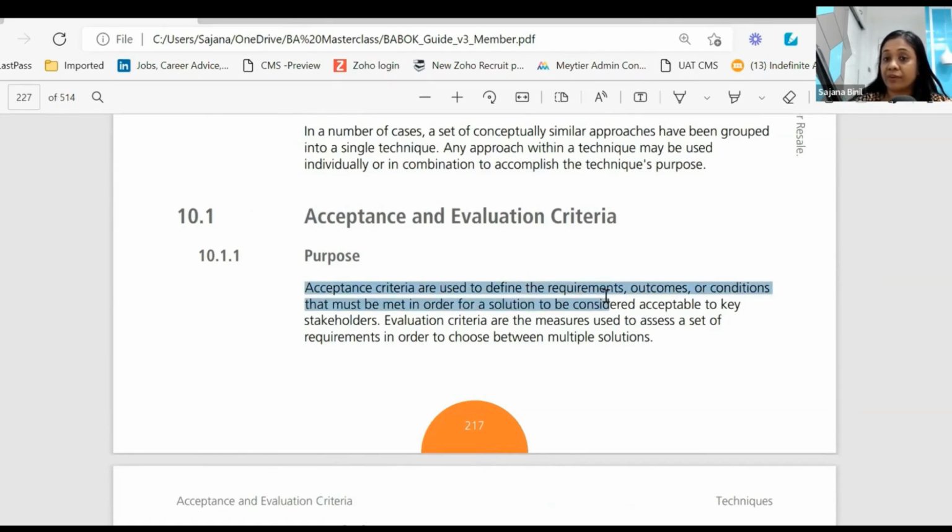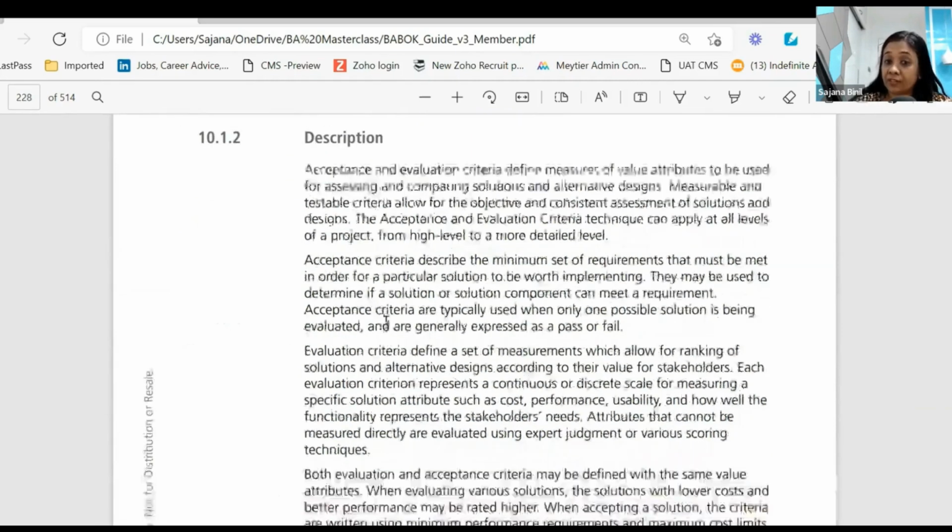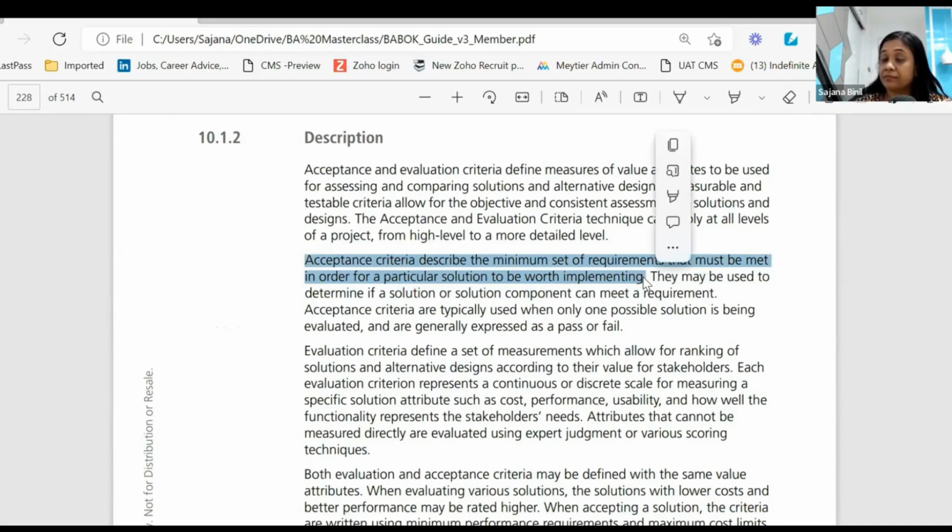It is very clearly given. Acceptance criteria is used to define requirements, outcomes, or conditions. This we saw when we wrote the user stories, right? Learn the purpose of a technique. You don't need to memorize the entire description. Read through the description, and if you find any definition inside it, you can mark or highlight it as you go through the material.